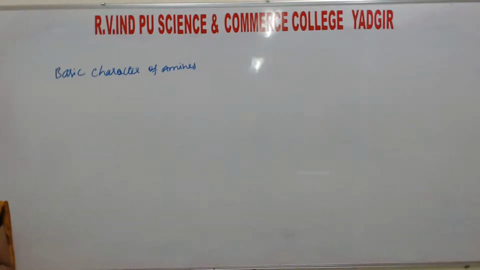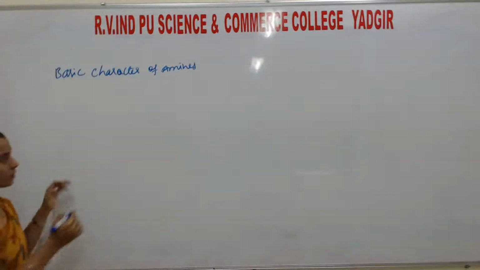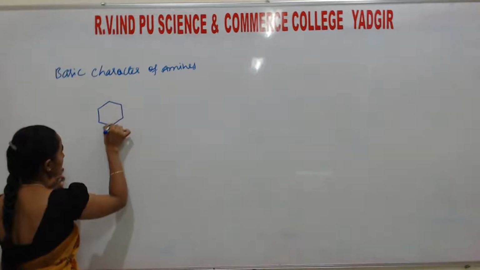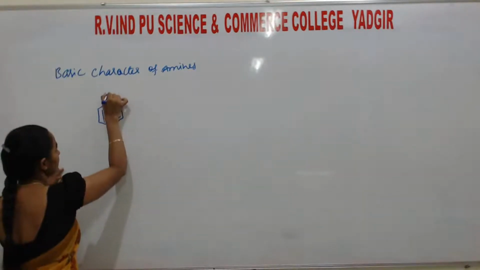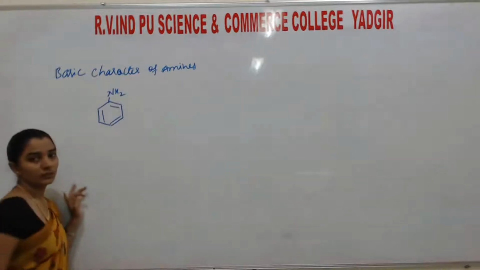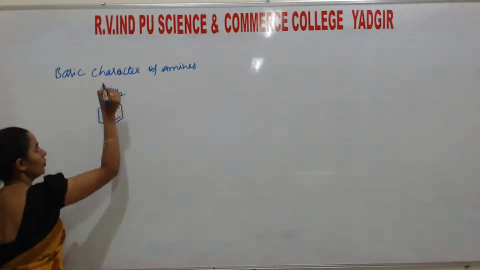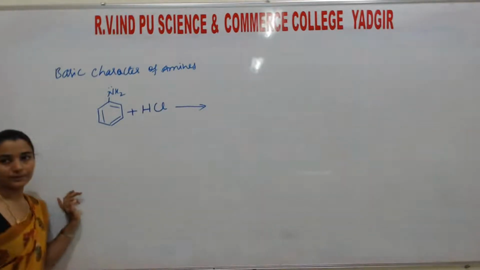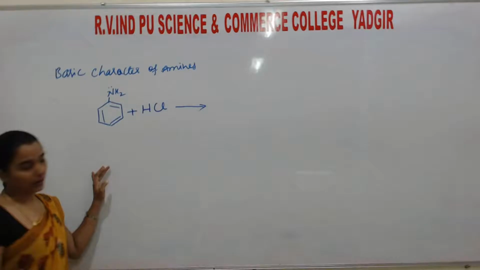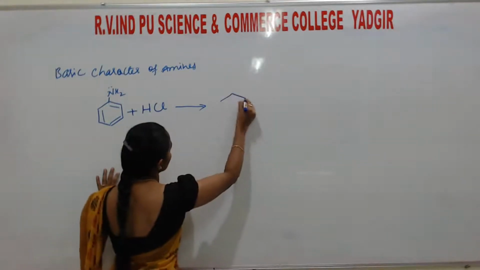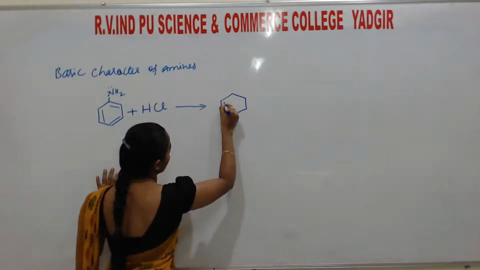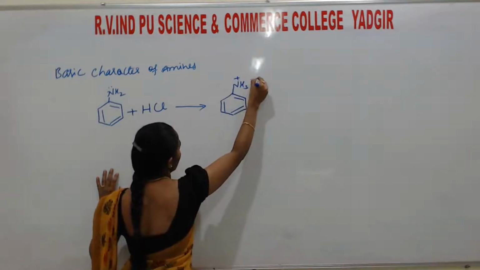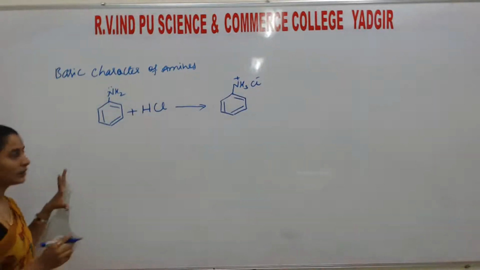Okay, so in this basic character of amines, students, listen, I'll take the example of aniline. Here two lone pair electrons are there. When it is treated with HCl, it forms NH3 plus Cl minus. Okay, this is the first example.